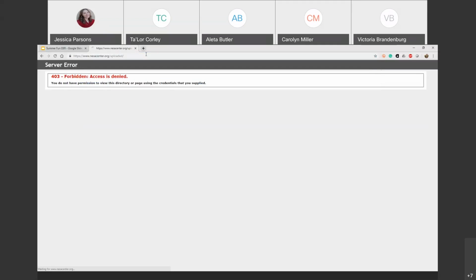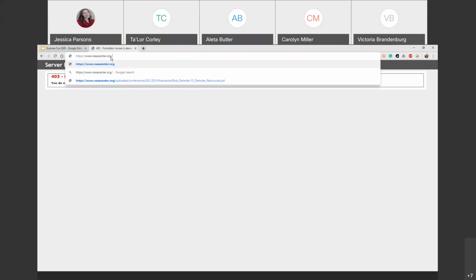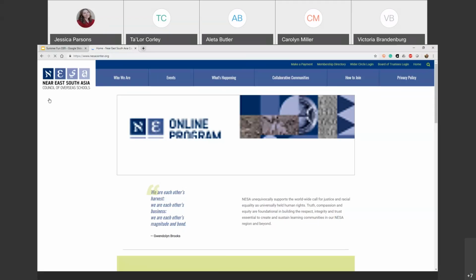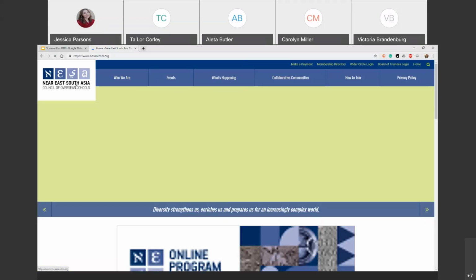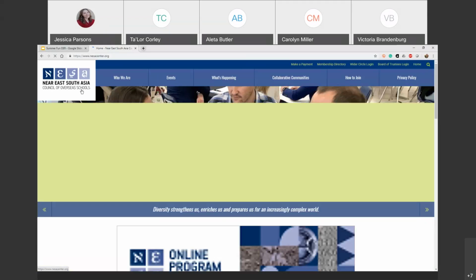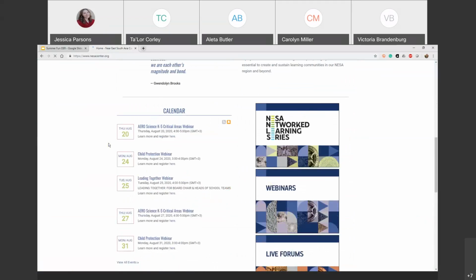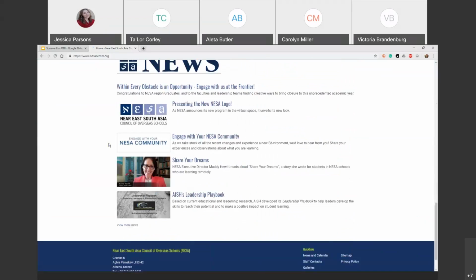Let's go to uploaded, and again we see access denied. So we have to go all the way to the main root of a web page in order to figure out where did this PDF come from. So let's see what NISA Center is. We can see it's Near East South Asia Council of Overseas Schools. Sounds all right. Let's scroll down and see what else they offer.